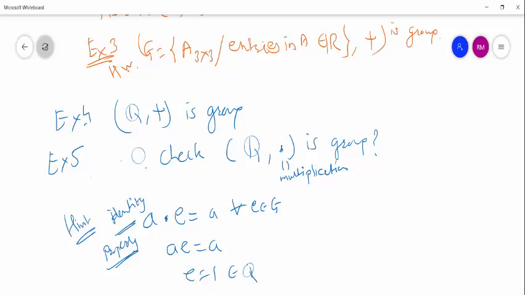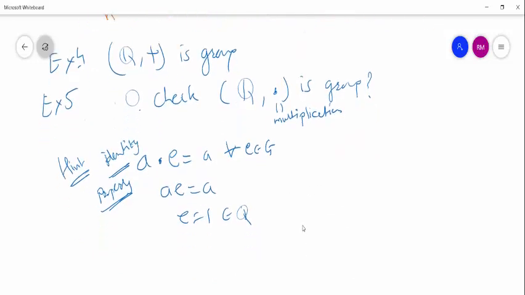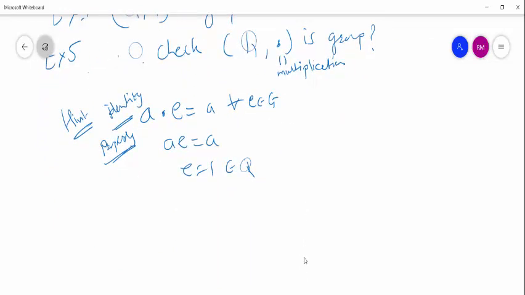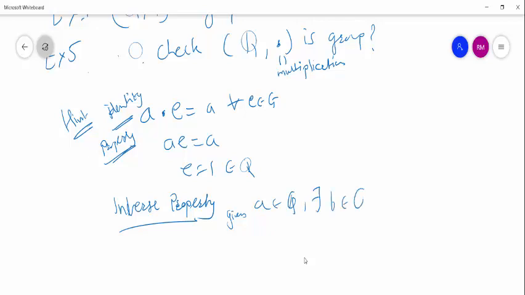but we have to check whether the inverse property satisfies or not. This is the main thing. This is the last property. So for given A belongs to Q, there exists B belongs to Q such that AB equal to E. E is here 1 from this.